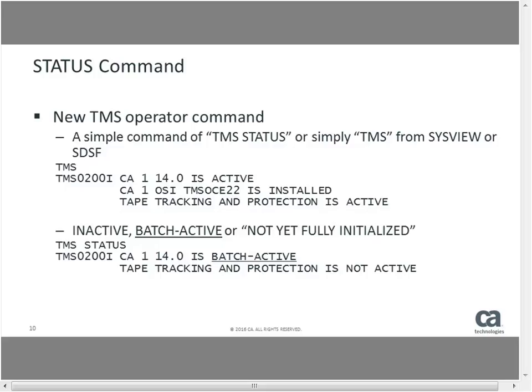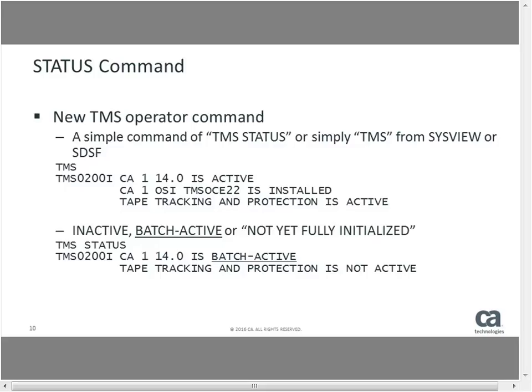TMS space status as the command, you will get back a TMS0200I message saying that CA1 14.0 is active, or CA1 14.0 is batch active or inactive, or even not yet fully initialized.